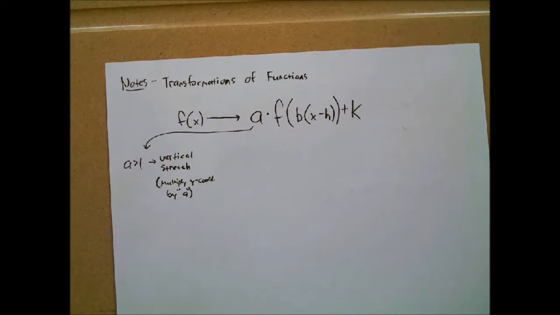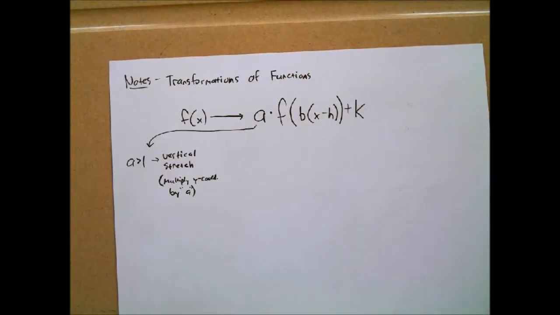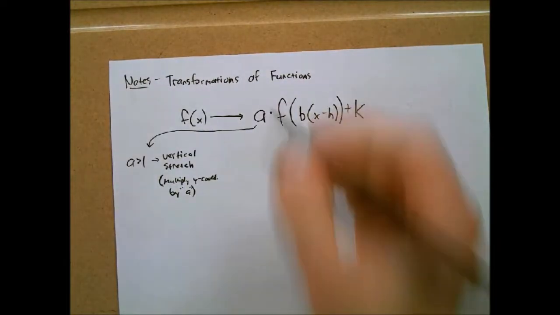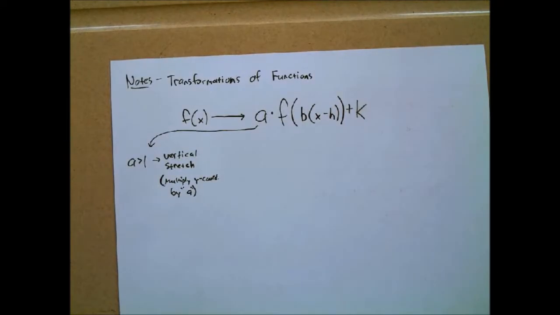Okay. If we wanted it to be a vertical shrink, what would have to be true about this number in front? What was that? Less than 1? Yeah, it's between 0 and 1.